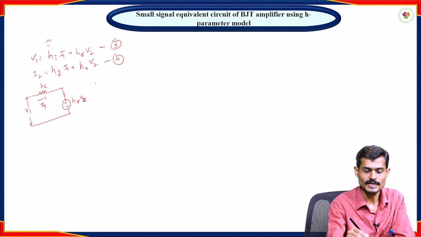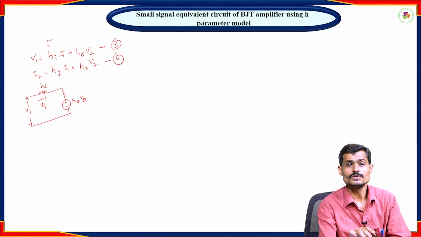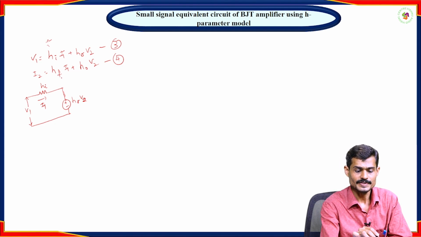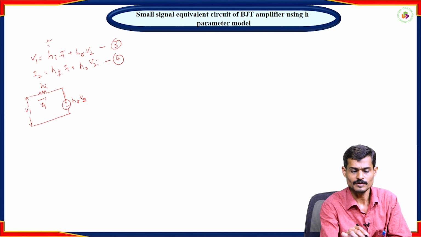Similarly, I2 equals HF into I1 plus HO into V2. HF has no units and I1 is amperes, and HO is an admittance, so HO into V2 also has units of current.